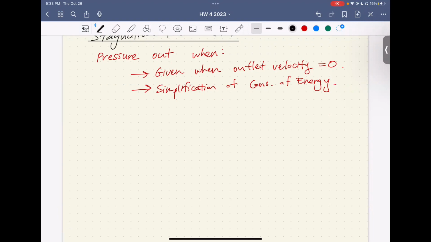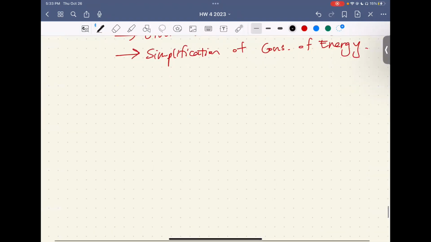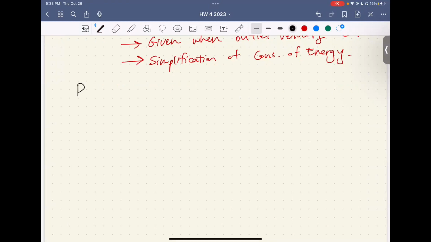We know that along a streamline for an incompressible, steady-state flow that also doesn't have any friction, we can use the simplification of Bernoulli's for the conservation of energy. So it's given by the following statement, and this all should be reviewed for you at this point. So let's start out by writing this.